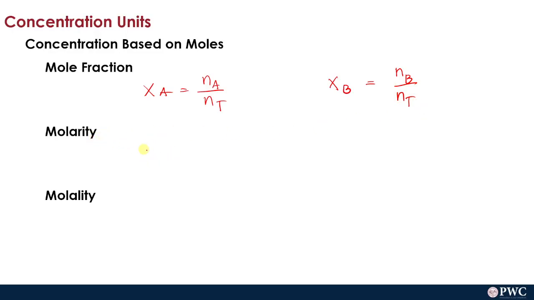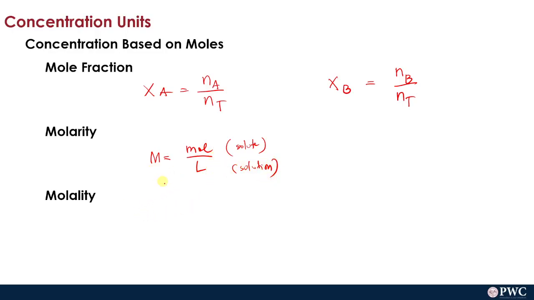Now for molarity, it's equal to the number of moles of the solute over the volume of the solution in liters. Again, this is the moles of the solute. Then this one is the volume of the solution in liters. Okay, that's moles per liter.